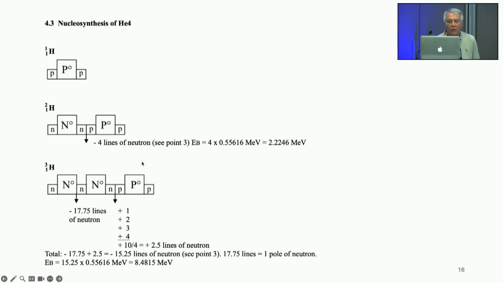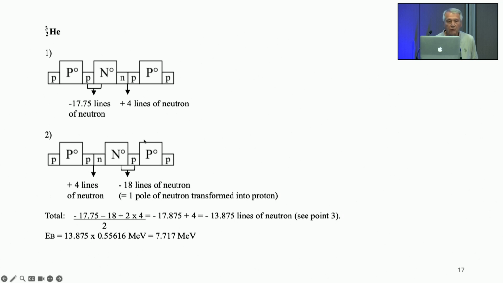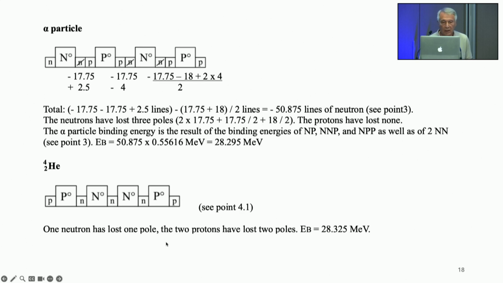The same for helium-3. You can see here I made two models: loss of one pole of neutron, gain of 4 lines, loss of 18 lines of neutron-proton. And this is this binding energy. For helium-4, we already have seen it.